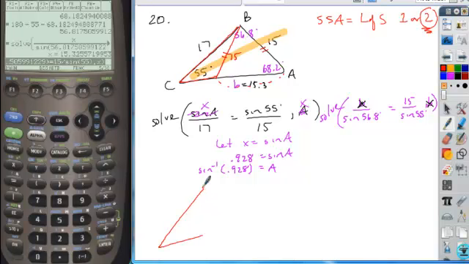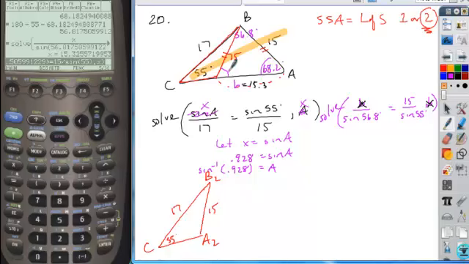So if I redraw this, here's C, here's B2, and here's A2. We still have the same lengths of 17 and 15. We still have the same given angle, 55 degrees. The difference is we now need to find this new angle 2. Well, the new angle 2 can be found pretty easily because this triangle that's formed here is an isosceles triangle, which means base angles are equal.